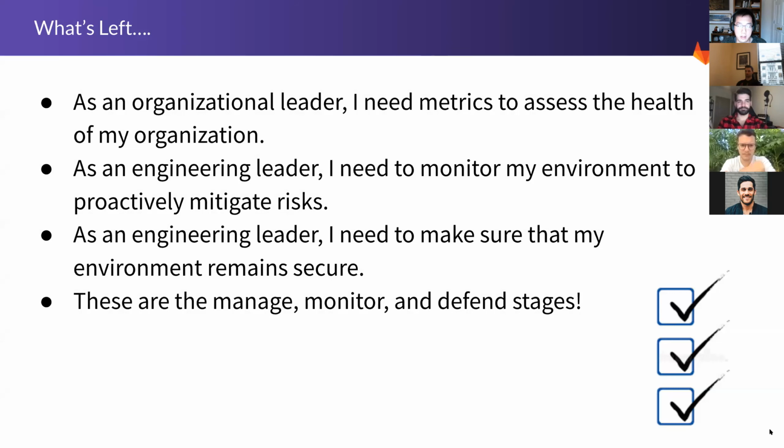So what's really left when we're talking about a DevOps platform, or one tool for the entire DevOps lifecycle? Well, there's still a couple of things that we need to add in. And really what we're talking about here with these 3 stages is more about business level understanding of what's happening in my organization. So as an organizational leader, having metrics to assess the health of my organization is something that every VP, every C level, cares about.